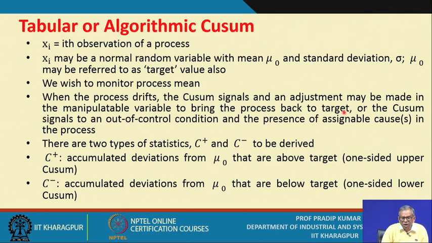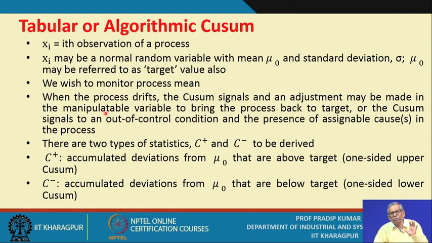And you try to change this manipulatable variable, that is the input variables, in such a way that the process is brought back to the target value, or the Cusum signals an out of control condition and the presence of assignable causes in the process. Is it clear?